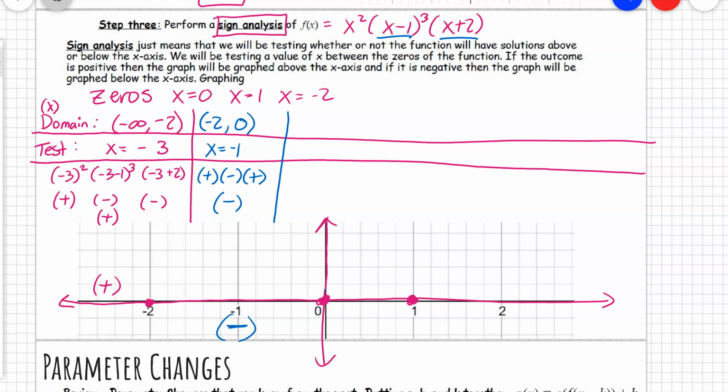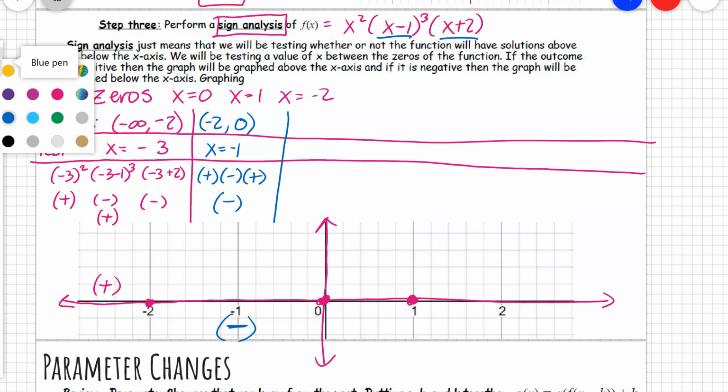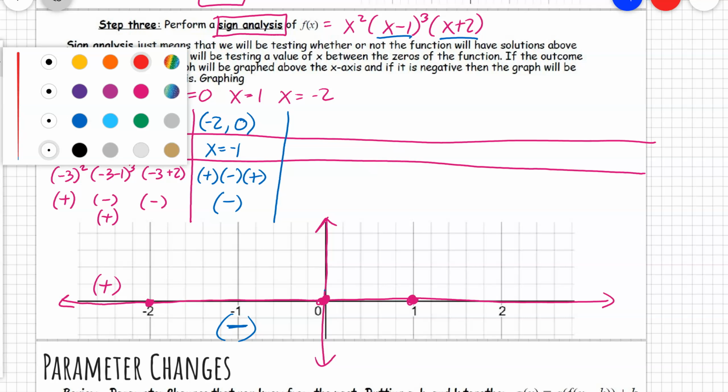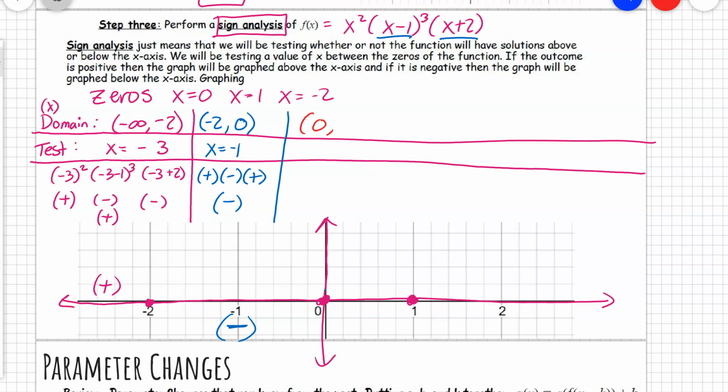Let's see what happens after the 0, from 0 all the way to 1. Now in this case, I need a number in between 0 and 1. It can't be 0, can't be 1, so let's pick 0.5. We're just going to test 0.5. 0.5 squared is going to give us positive. 0.5 minus 1 is going to be negative.